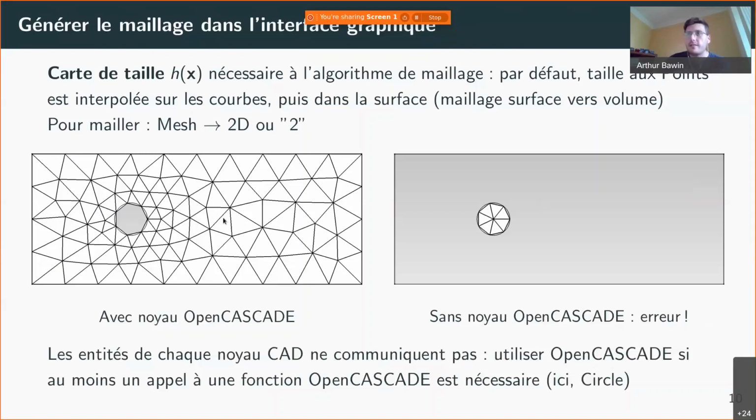If you forgot to use step 0 and you did not click on Open Cascade, it will probably generate this mesh because it's an error. It's not valid. Essentially you created the first points in the built-in kernel, and then you created the circle in the Open Cascade kernel, and they have different tags, so basically identification numbers, and they don't communicate.